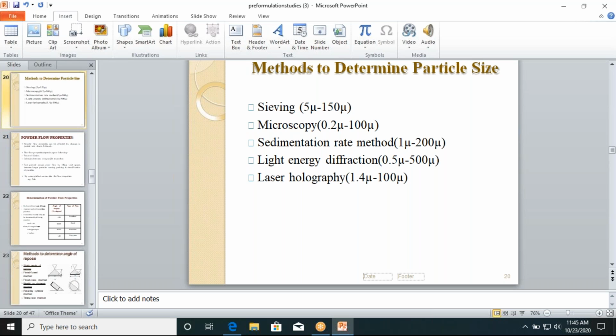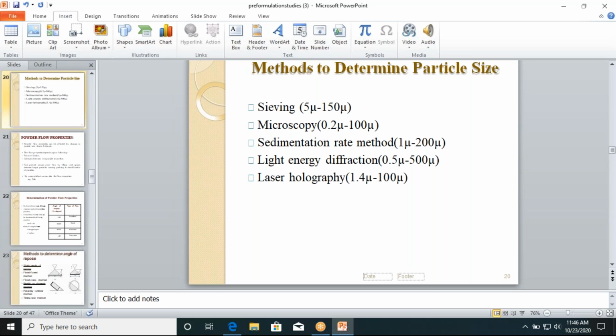Next one, when you go for the sedimentation rate method, you will be using the Stokes equation to describe the relationship between the rate at which the particle settles in a fluid medium and the size of the particle. As I told when I was telling about the Stokes equation, the larger the particle size, what will happen? The sedimentation will be faster.